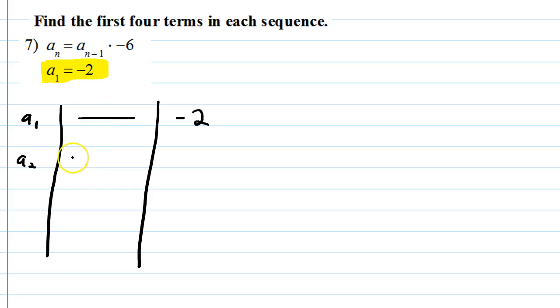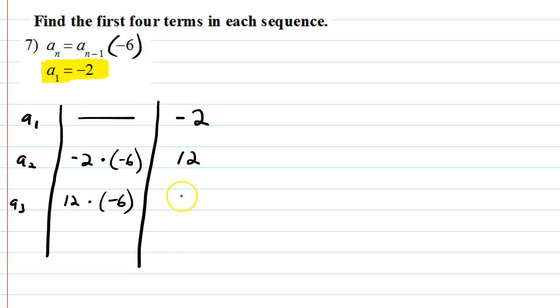Our second term uses the answer from our first term. So that's just going to be -2 times -6. So -2 times -6 gives us +12. Our third term uses the answer from our second. So it's going to be 12 times -6. And I'm just putting in parentheses out of habit here. So that gives us -72.